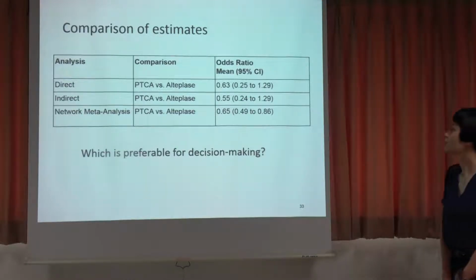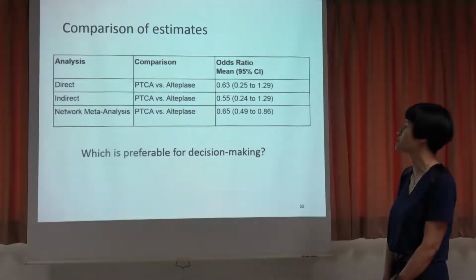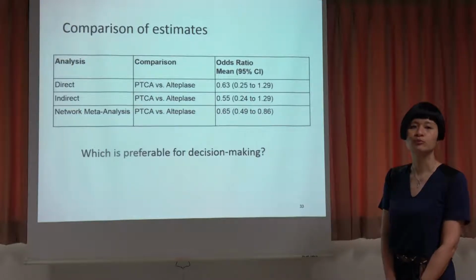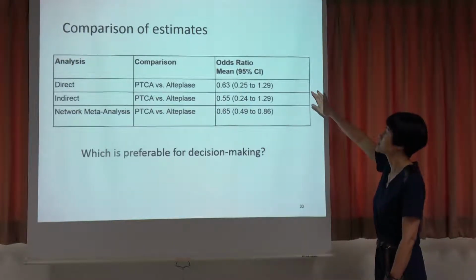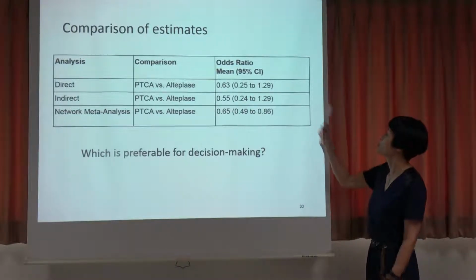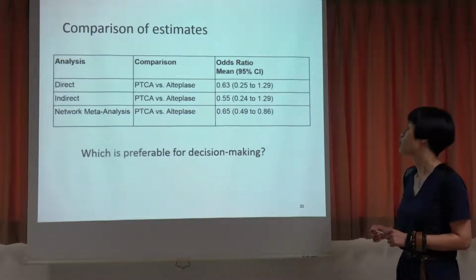So we now have estimates from different comparisons for PTCA and alteplase in our example. The direct evidence, the head-to-head randomized controlled trials, gave us an estimate of 0.63 with a confidence interval of 0.25 to 1.29.